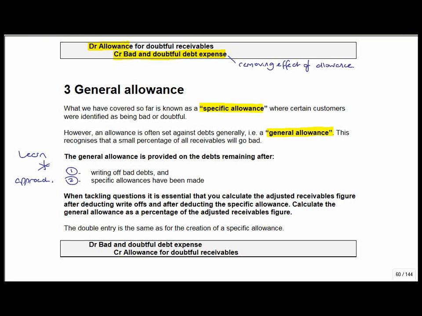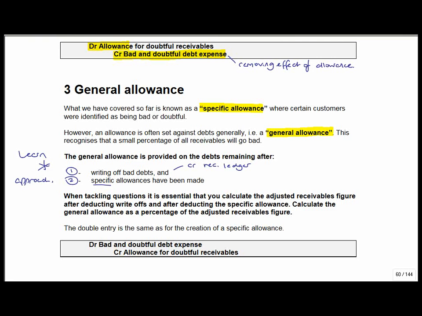Then remember our bad debt write-offs had the effect of crediting our receivables ledger. And when we created our specific allowance, that didn't affect our receivables ledger. However, we don't want to calculate a general allowance on amounts that we've also made a specific allowance for.